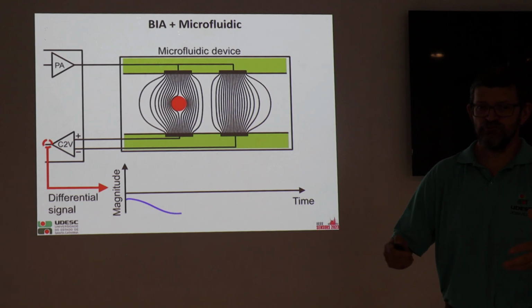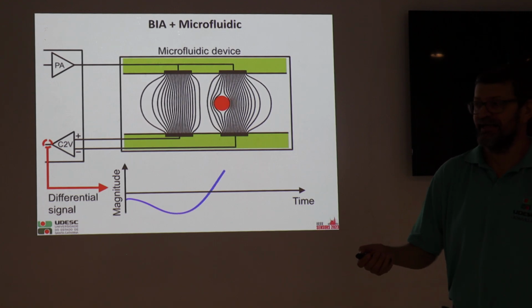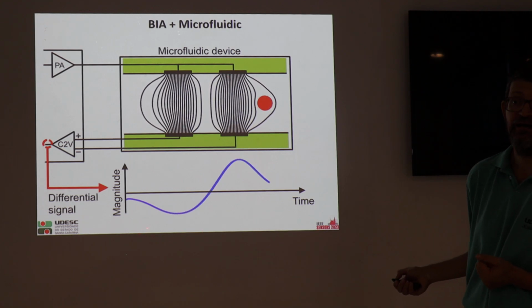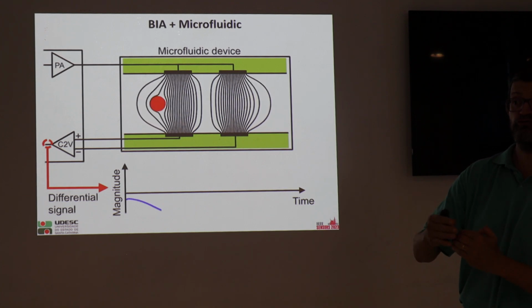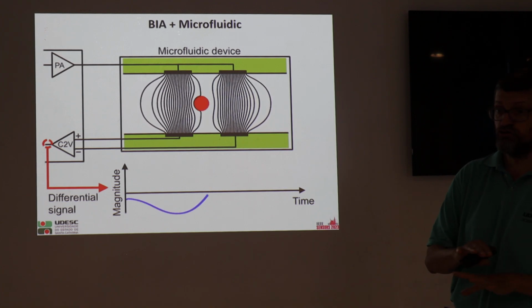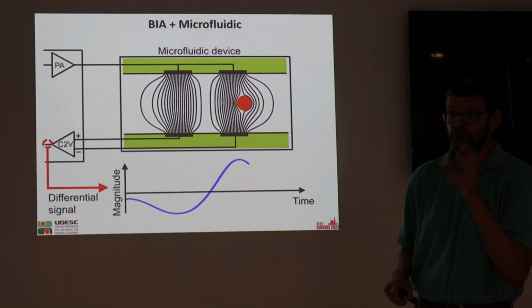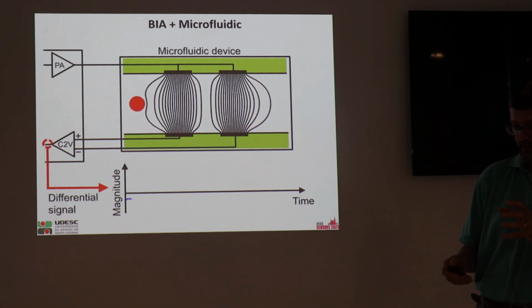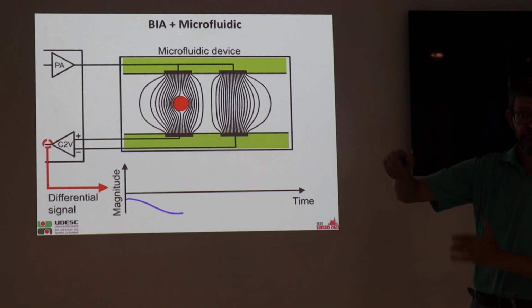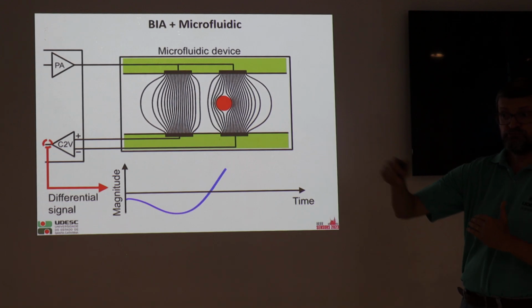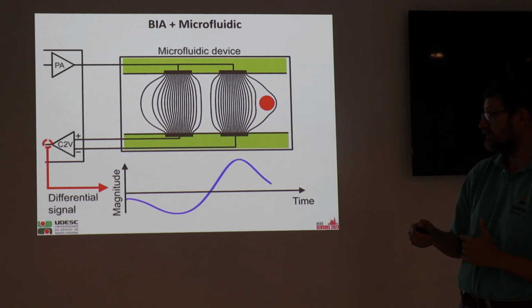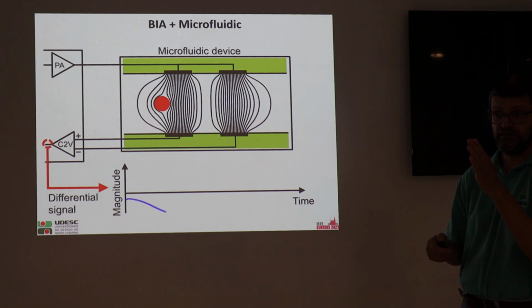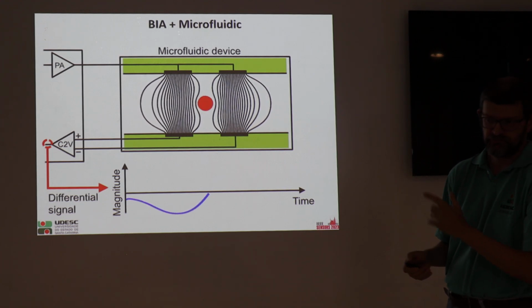Is it a big cell, a small cell? What type of cell it is? Depending on the spectra as well, the amount of conductivity. Nowadays they don't use spectra, they use conductivity. They have a table containing the conductivity response for different types of cells.